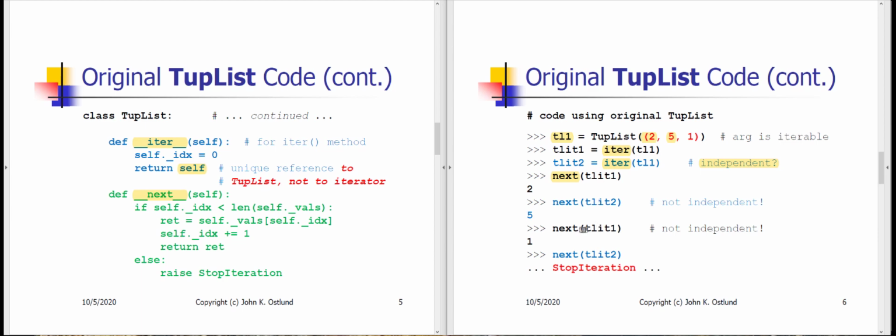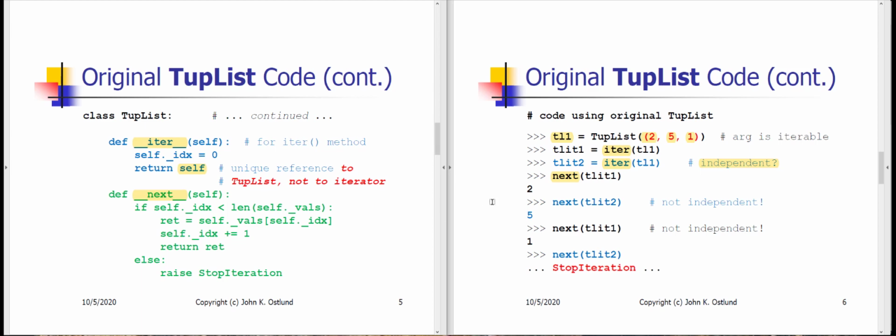And then similarly, if I then ask for the next value from TLIT1, I'd get back the 1. So by returning the current TupList object from the dunder iter method of TupList, it's not possible for these iterators to be independent of each other. We need to be more clever than this.